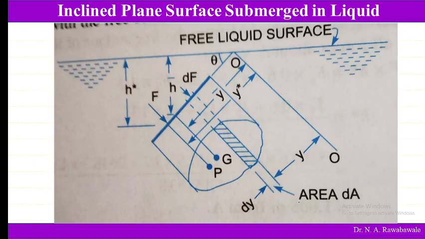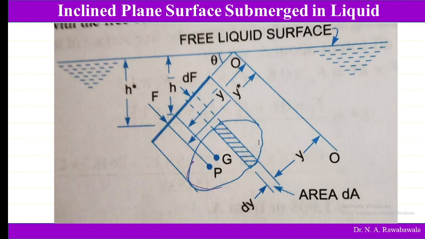Now coming to the next bit, that is the inclined surface submerged in a liquid. Here we consider one inclined surface. This is the front view of the inclined surface, and this is the auxiliary view of a plane surface.